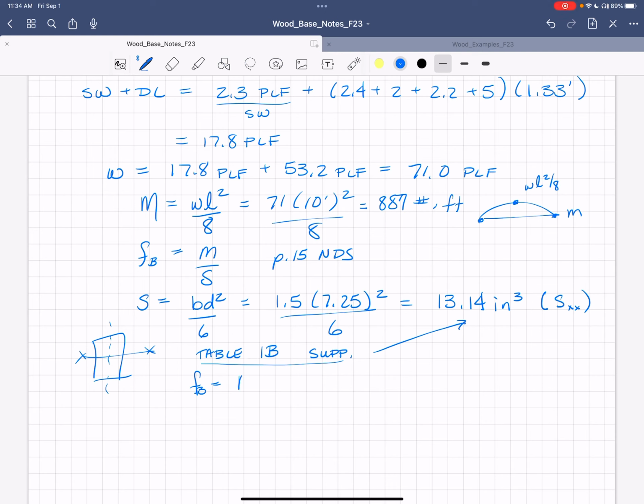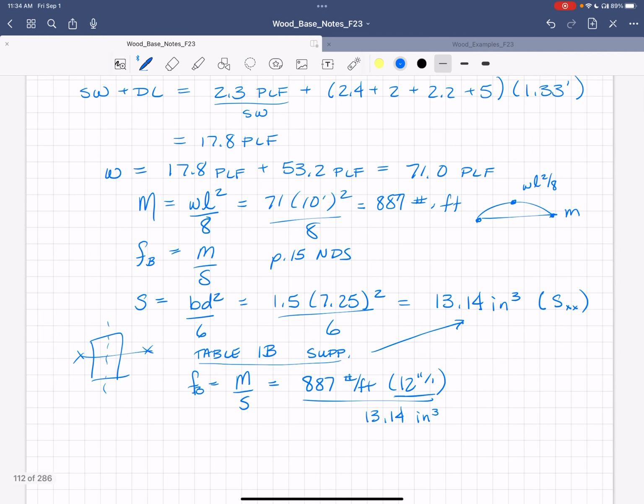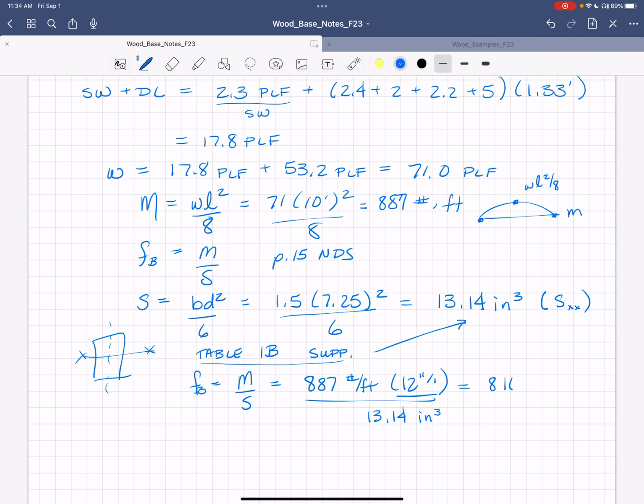f sub b is M over S. Couldn't read my notes there. 887 pound feet times 12 inches per foot, those are those little chicken tracks there, over 13.14 cubic inches, because I had to do an inch-foot conversion there, and I get 1810 psi.